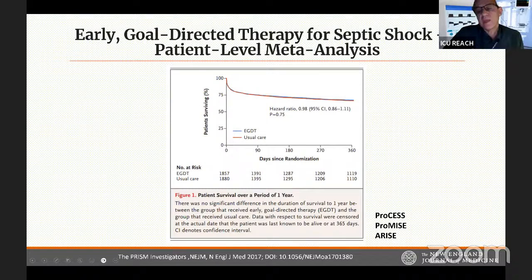However, when we had the three studies later, I think 15 years later, the Process, Promise, and Arise studies, and compared early goal-directed therapy with usual care, there was no difference in mortality.